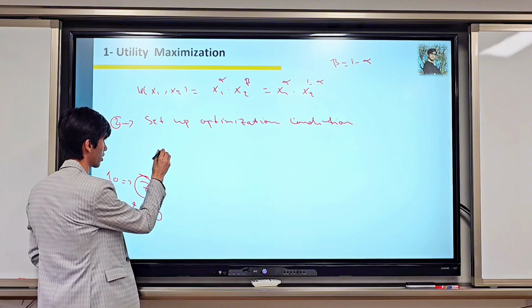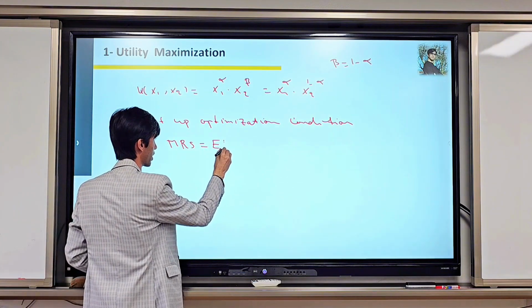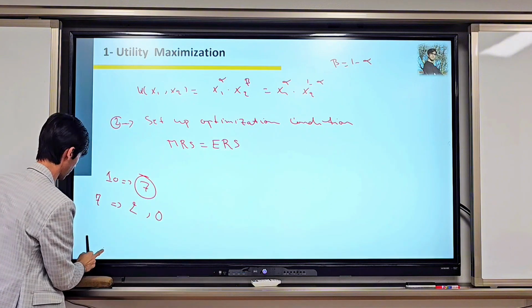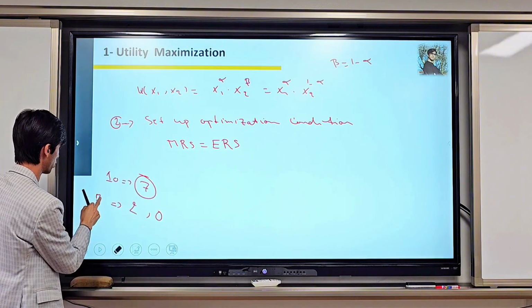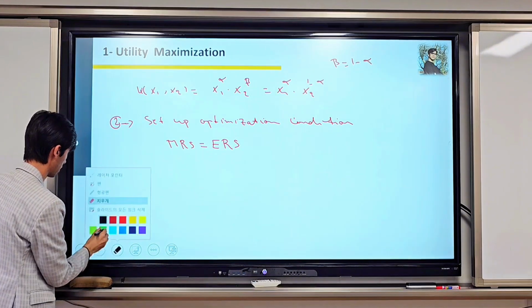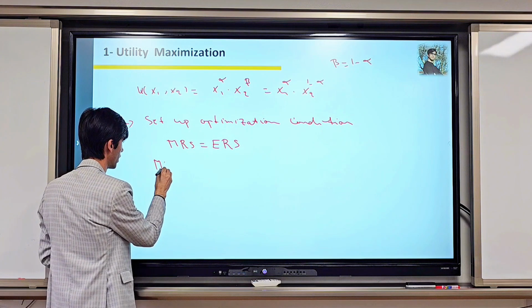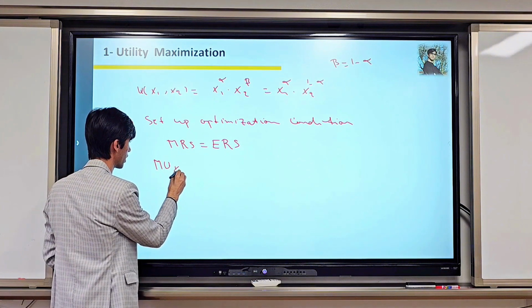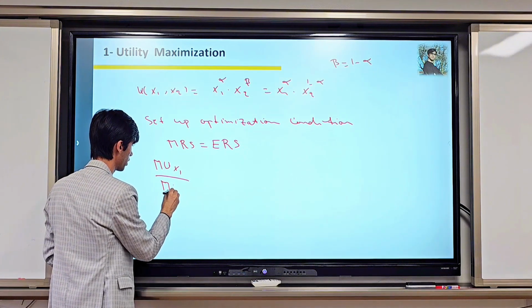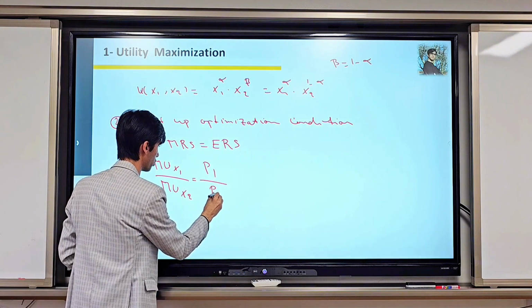What is the optimization condition? Marginal rate of substitution is equal to the economic rate of substitution. We don't need to take the Lagrangian and do a lot of big process. Just here. So marginal rate of substitution is equal to MUx1 divided by MUx2 is equal to p1 over p2.